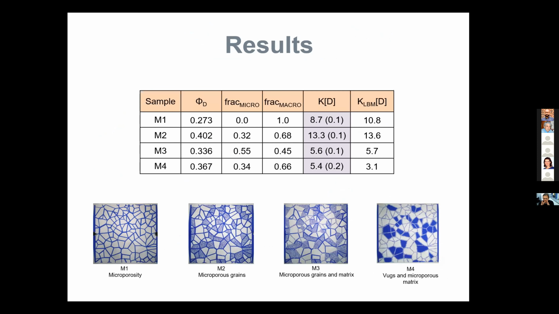Here we have some results for permeability. It's possible to see that the presence of microporous grains in the system increases the permeability in a significant way, in fact.